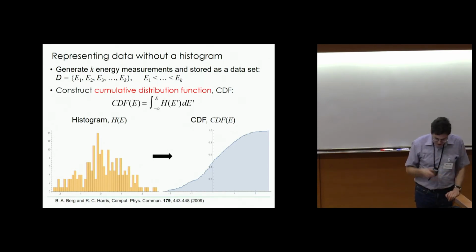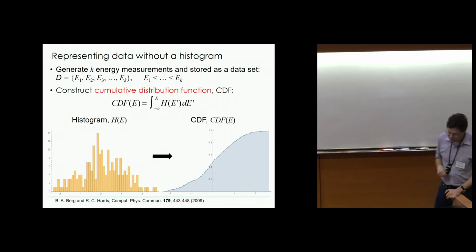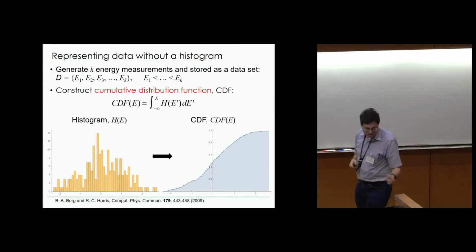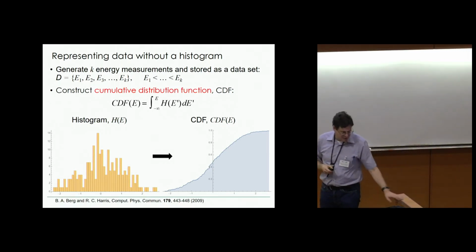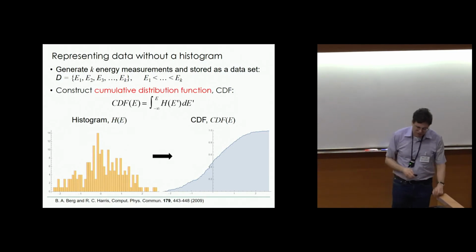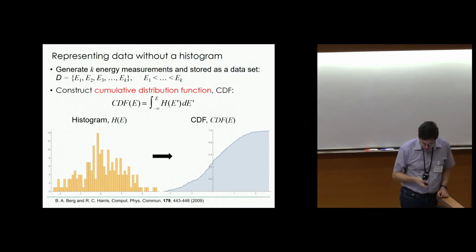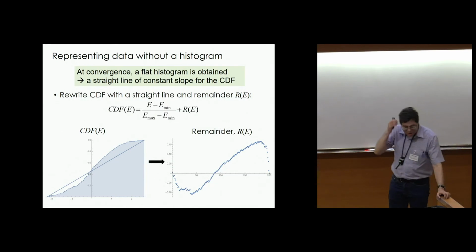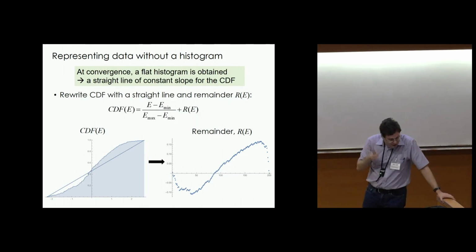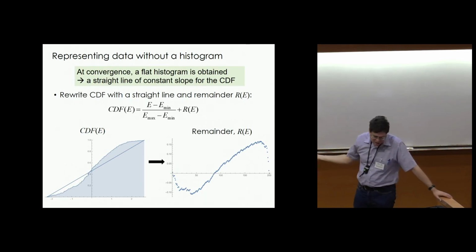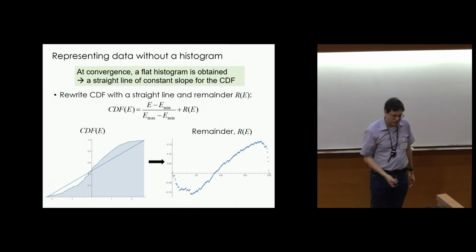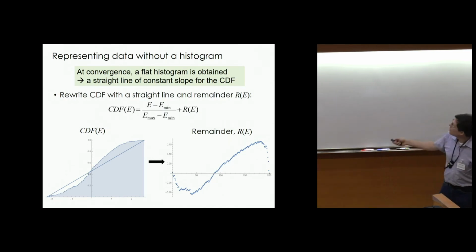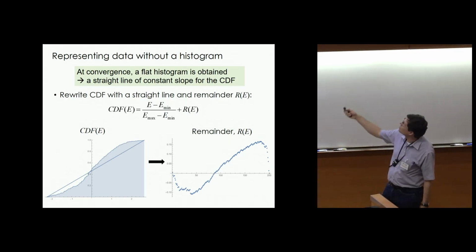So instead of having the histogram, we now think in terms of the distribution function, which is essentially just the integral of the histogram. If we knew that our guess for the DOS was right, we would basically get something that's consistent with a straight line.